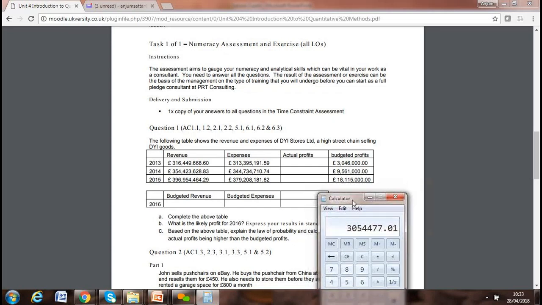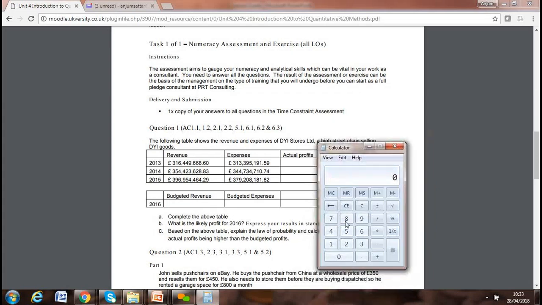So I'll do the second year as well. Yes, so we'll do the second year. 3, 5, 4, 4, 2, 3, 6, 2, 8, 9, 3, and minus 3, 4, 4, 7, 3, 4, 7, 1, 0.74.